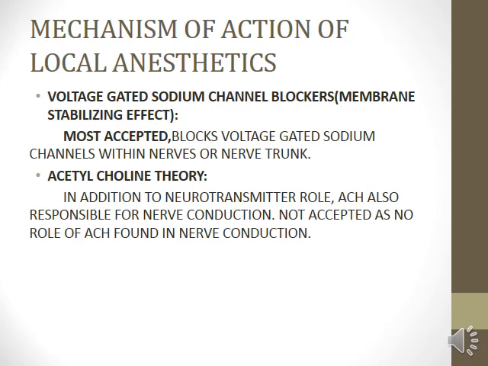But this theory was rejected because no role of acetylcholine was found in the propagation of nerve impulse across the nerve or nerve trunks, and no acetylcholine was found in the nerve conduction process. This was about the two theories.